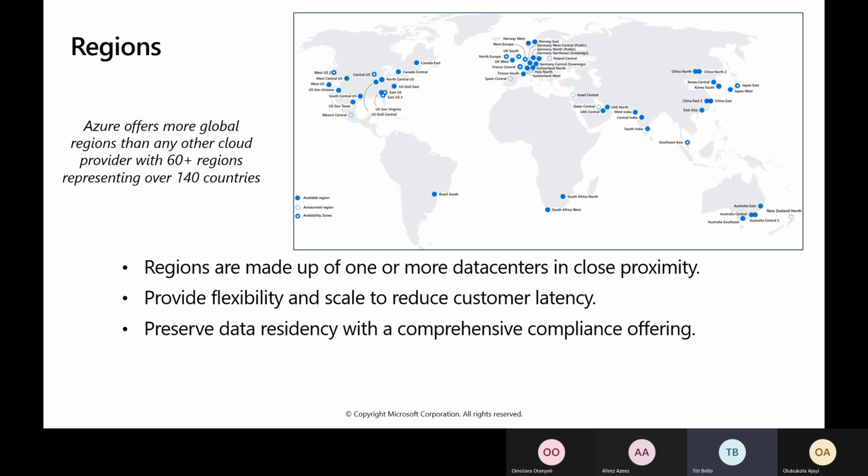So it divides the world, let me put it that way, into geographical locations that are like boundaries or country borders. I will say the geography there is like a market that contains two or more regions that preserve data residency.